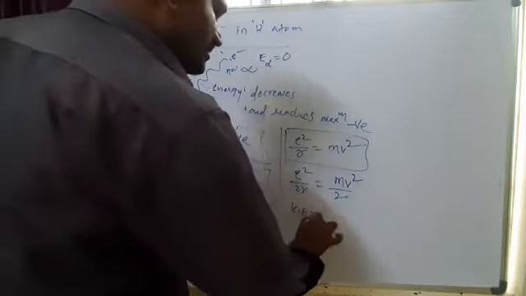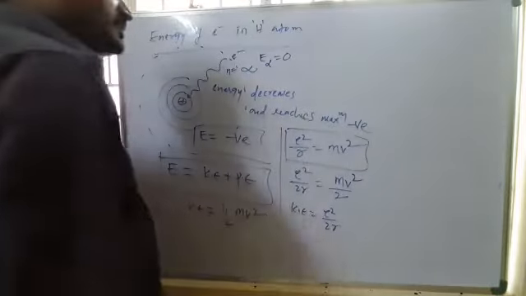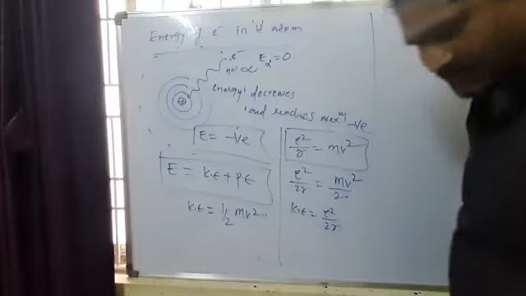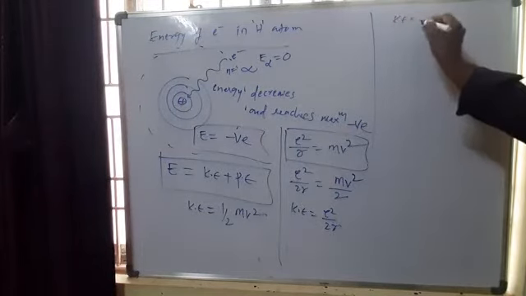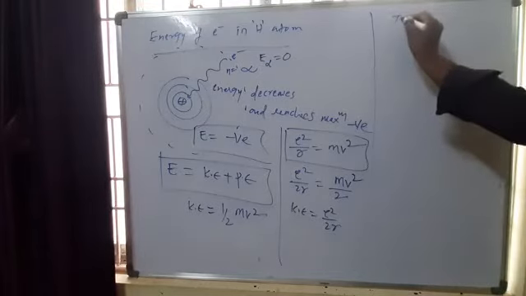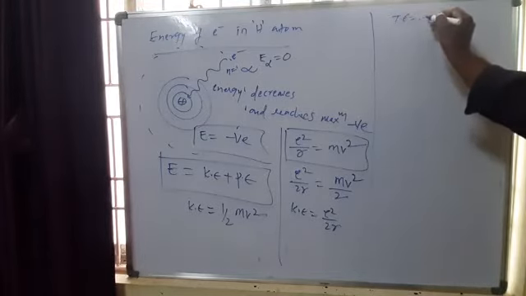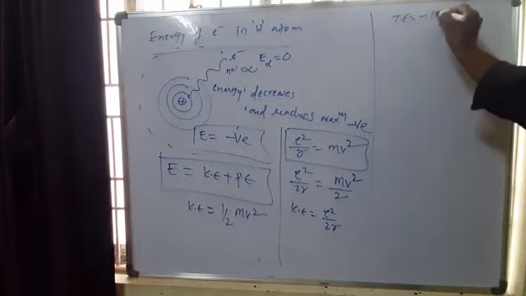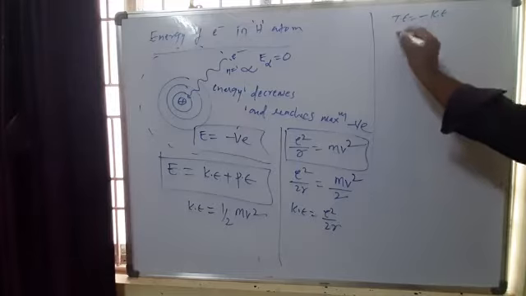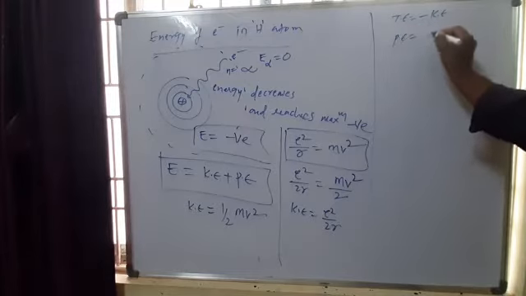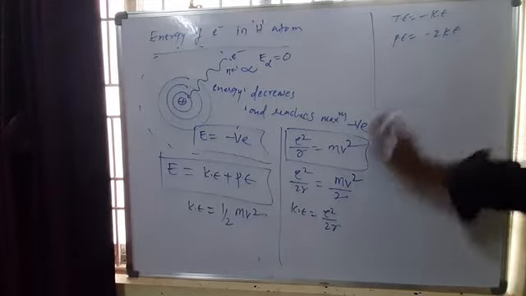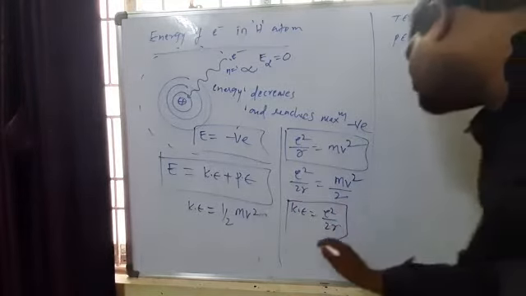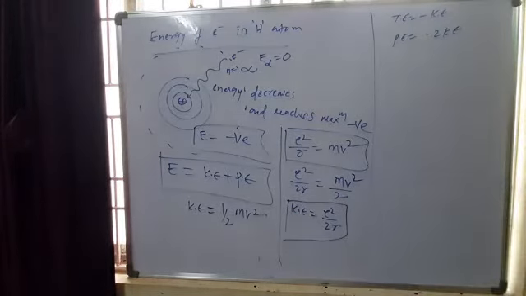Therefore, kinetic energy equals e square by 2r. Now, total energy equals kinetic energy plus potential energy, or total energy equals minus kinetic energy, and potential energy equals minus 2 times kinetic energy. From kinetic energy equal to e square by 2r, you will get the total energy and also the potential energy.